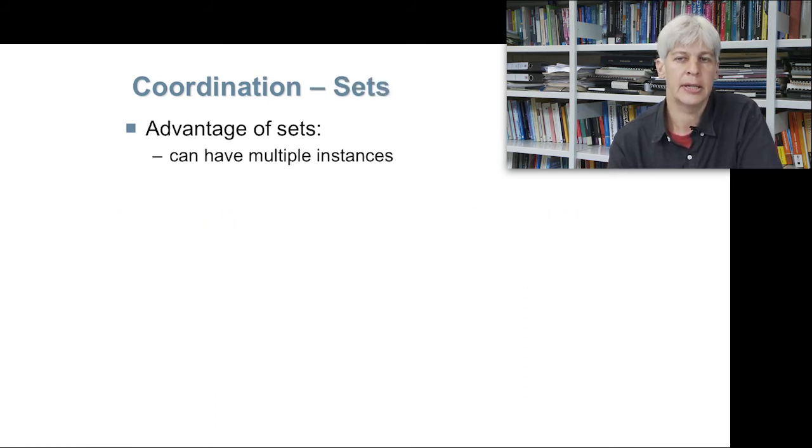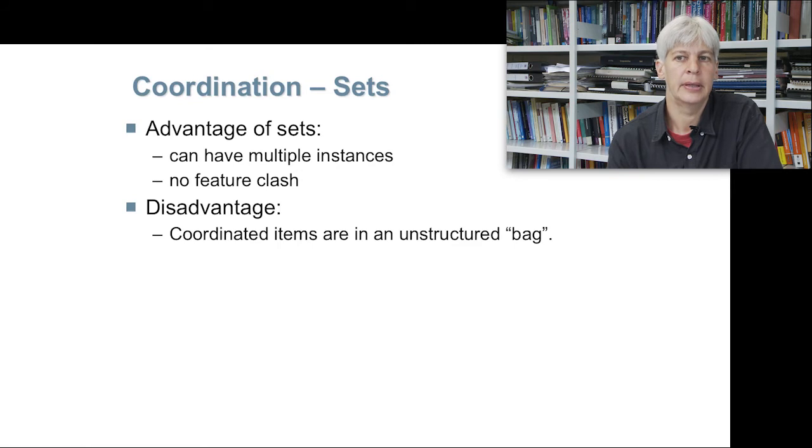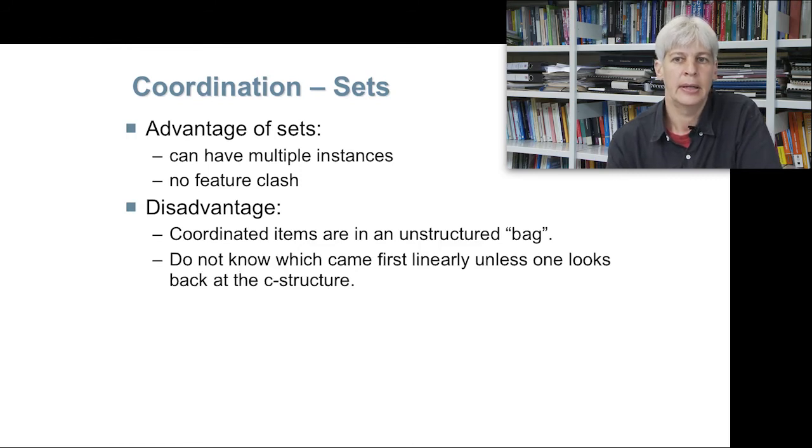So the advantage of sets is that you can have multiple instances. We saw that with adjectives and adverbs and prepositional phrases. So no feature clash. The disadvantage is that these coordinated items are basically put into an unstructured type of, you can think of it as a bag of things. And you do not know which of these items came first unless you look back at the C structure.